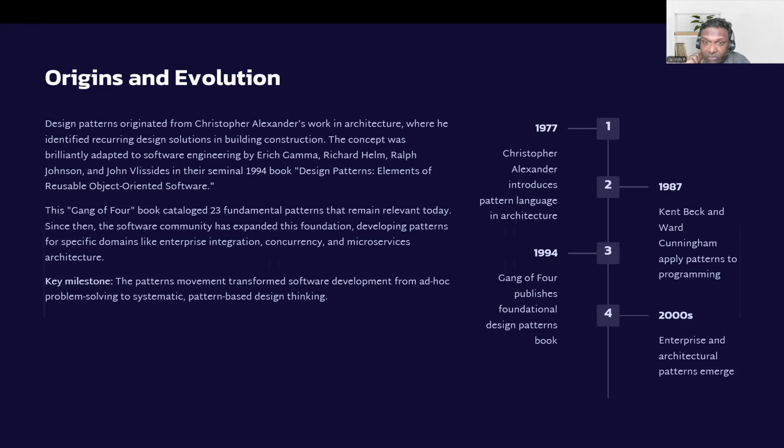And in 1994, the famous Gang of Four, Gamma, Helm, Johnson, and Vlissides published Design Patterns: Elements of Reusable Object-Oriented Software. It's a book which cataloged 23 patterns which are still widely used today.